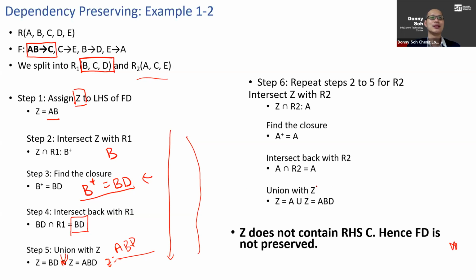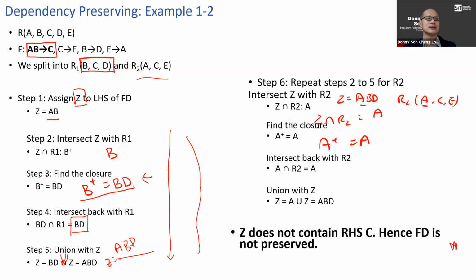So let's do this together. Now I know that my Z is A, B, D, and R2 is A, C, E. The first thing is I intersect between Z and R2, and the intersection is A. The next thing is I find the closure of A, which is A again.